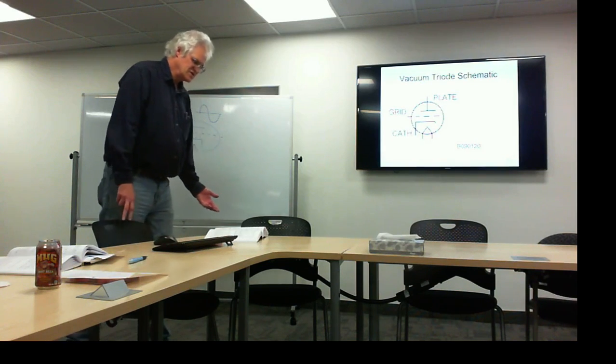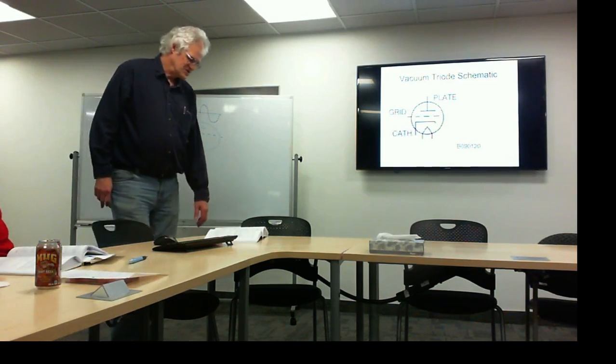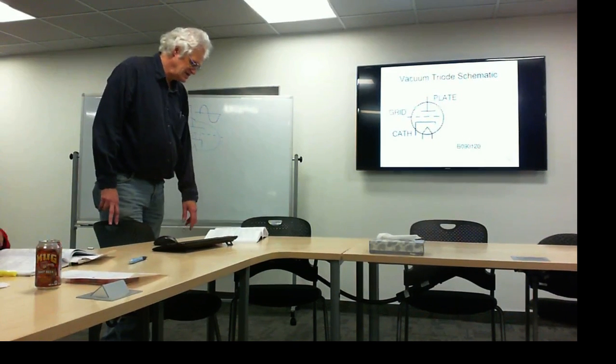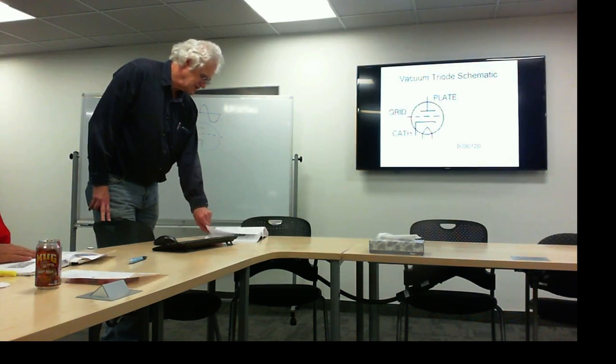There are two other tubes I'll just mention. They call them multi-electrode tubes. If we add one more element to the tube called the screen grid, it's called a tetrode. I'm looking at section 9, somewhere.